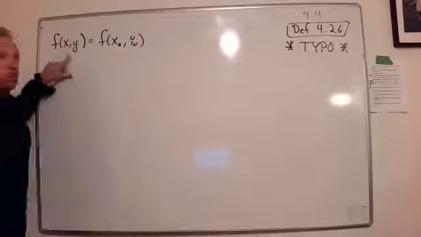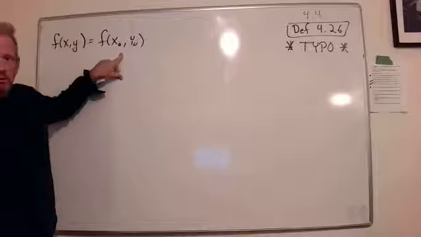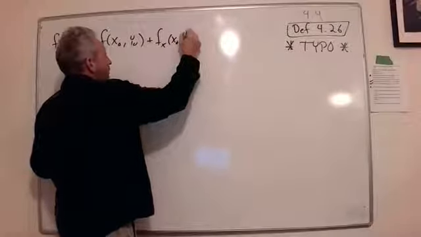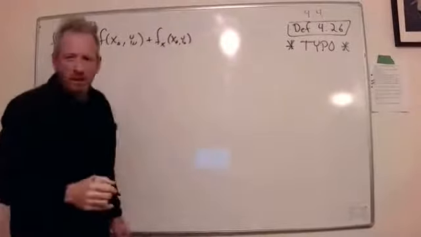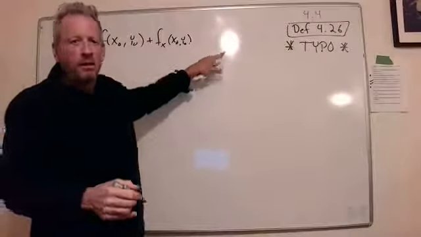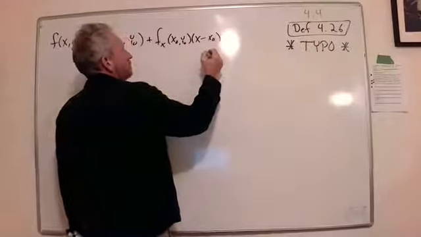So in other words, if we move away a small amount, we can find the value of that function is equal to the original value plus the partial of f in the x direction, evaluated at x sub 0, y sub 0, times x minus x sub 0.